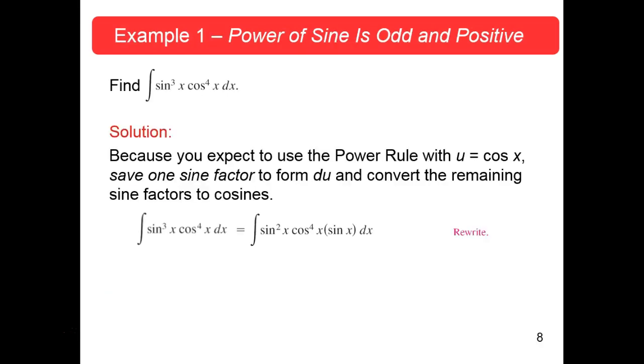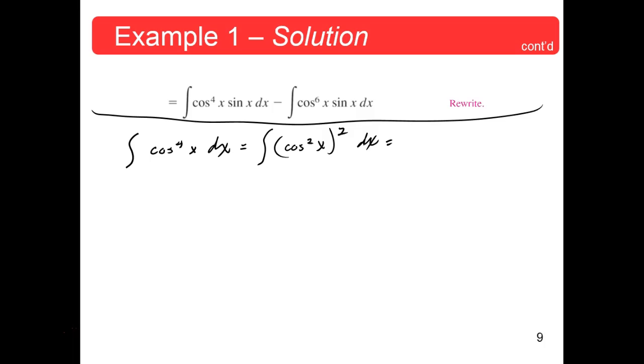Okay. I'm going to pull the 1/2 outside the integral. Integral, and what goes here? 1 plus cosine 2x, but that's squared. So actually, I have to pull out a 1/4.